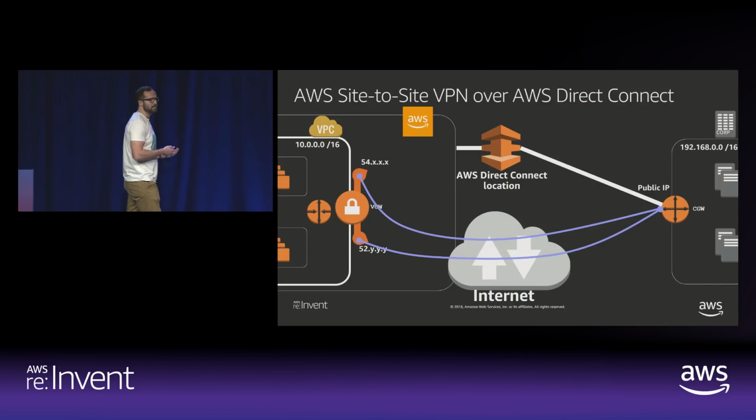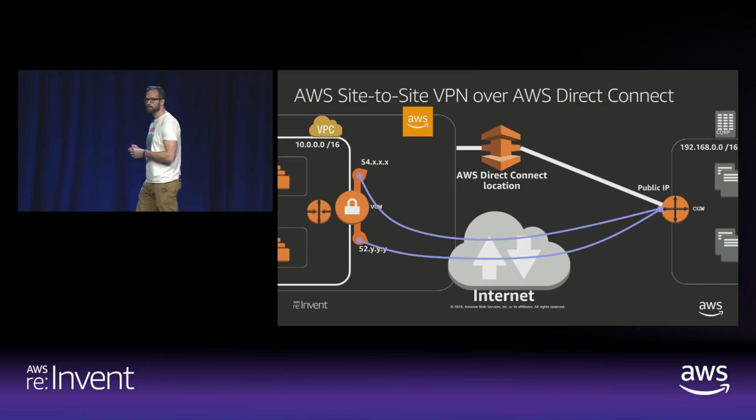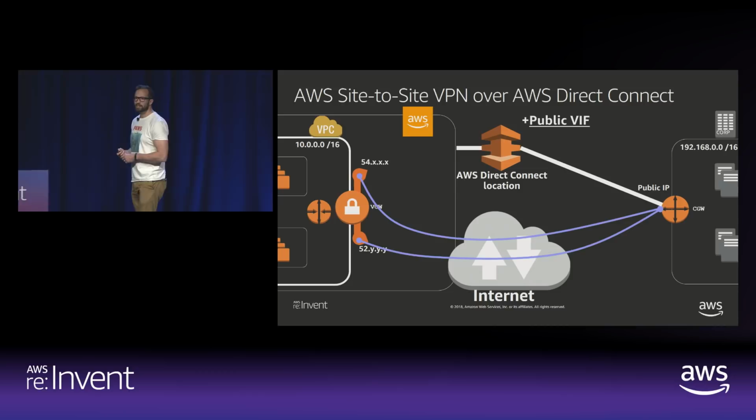And on that Direct Connect connection, you can start creating logical interfaces, VLANs on your side, VIFs, or virtual interfaces on our side. And there's two types of those interfaces. There's a private interface that gets you into the private VPC environment, but there's also this public interface, public VIF. And that public VIF gets you to all of the AWS public IP address space, everything outside of the VPC.